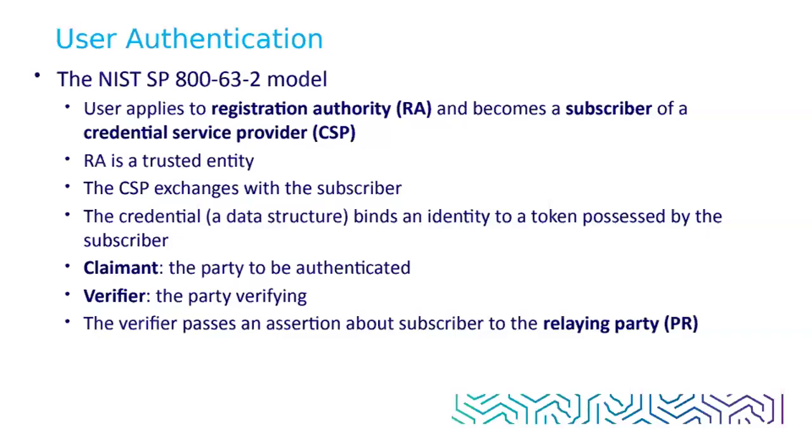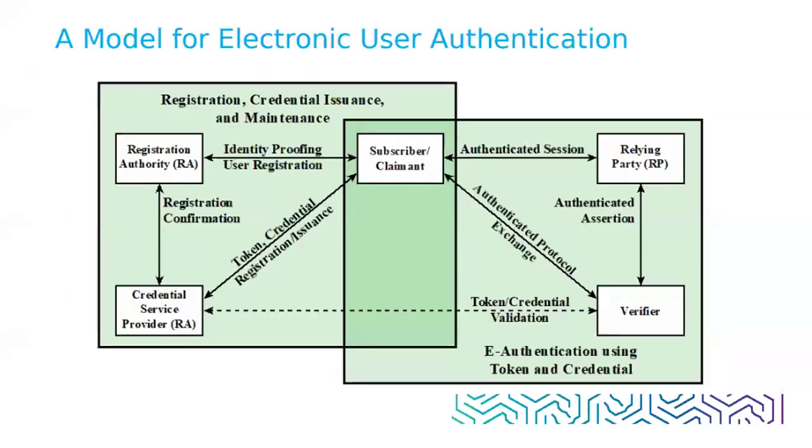A token is something the subscriber possesses and uses during the authentication process. Let me show you the diagram. The NIST authentication model separates authentication into well-defined roles, which makes digital identity management more secure and scalable.